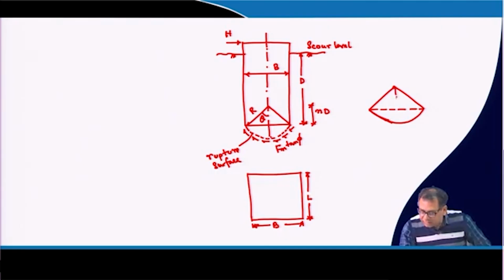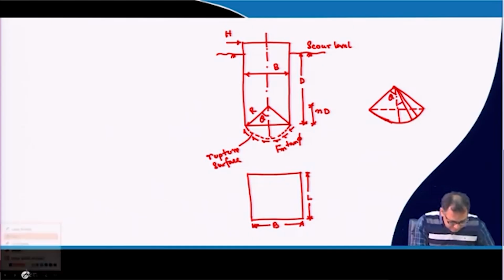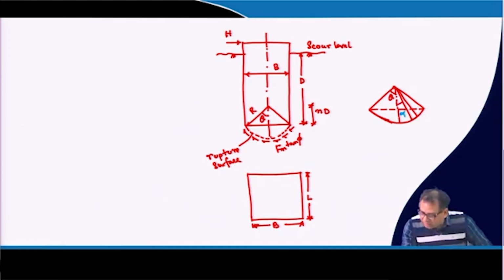This is the center line and this angle is theta. So, a small segment is considered at an angle of alpha, and this angle is d alpha. Okay. So, at an angle of alpha we have considered a small segment of angle d alpha, and this is the width of that well.